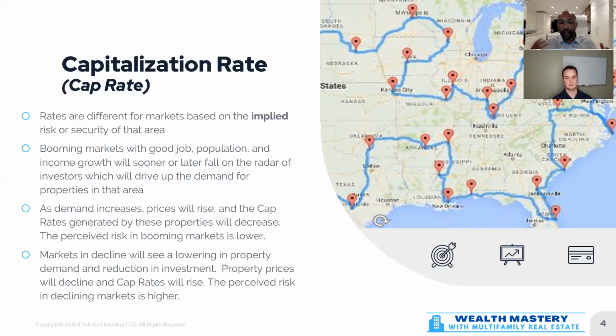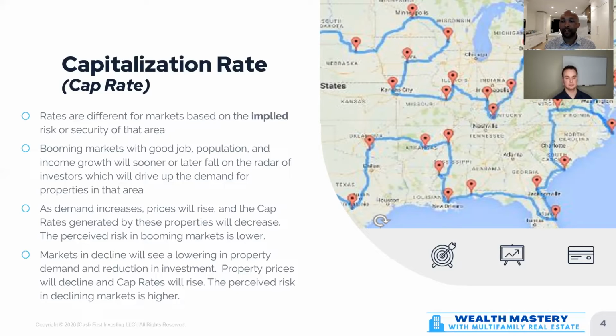Because it's a nicer neighborhood. But there's a couple neighborhoods here in D.C. where the cap rates are going to be higher, right? Because you're going to be taking more risk. You're going to be maybe renting to a riskier tenant that maybe has more potential for not paying their rent. So you want a higher return on that. So you'd want a higher cap rate for taking on that additional risk, right?